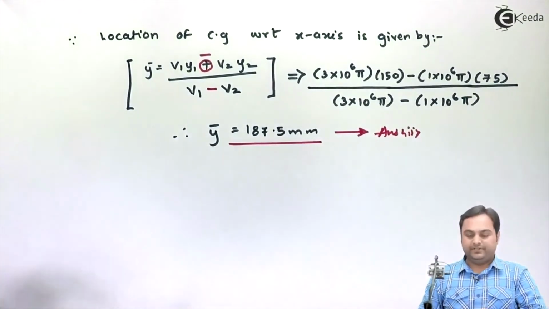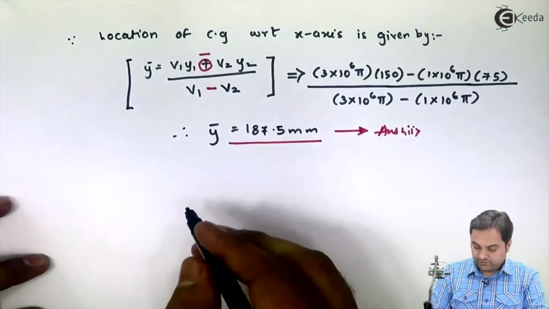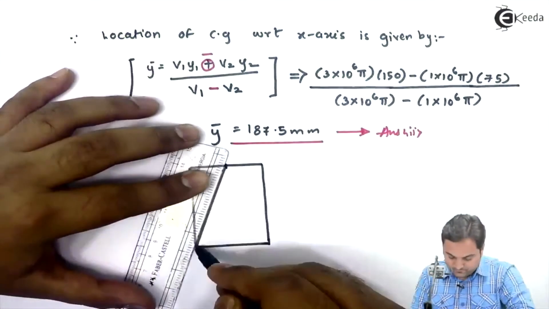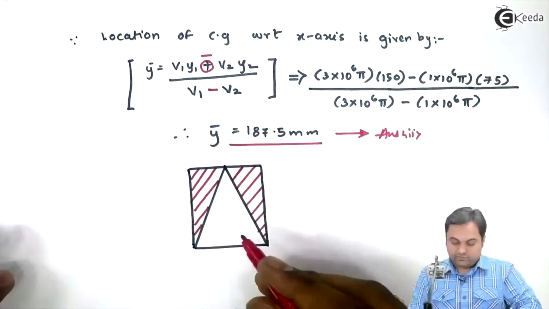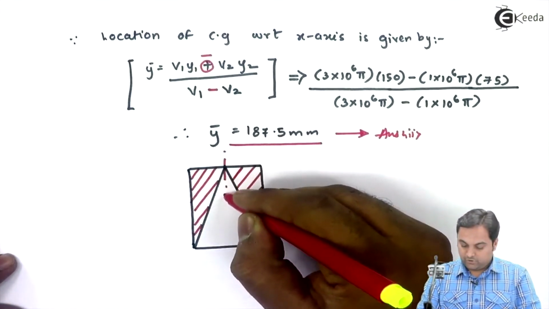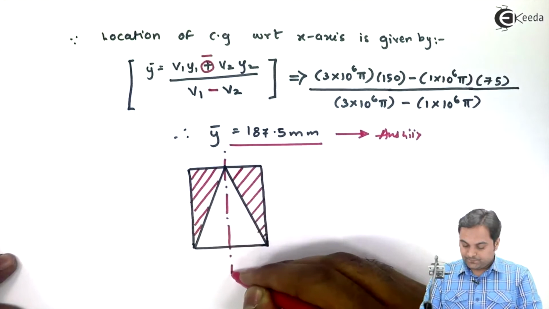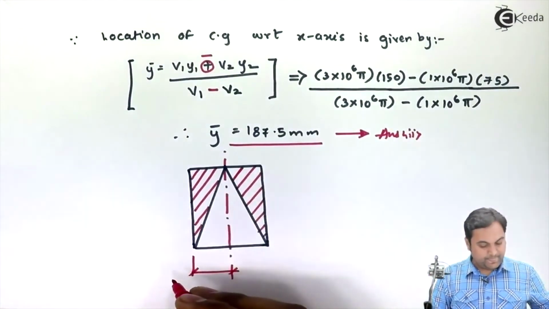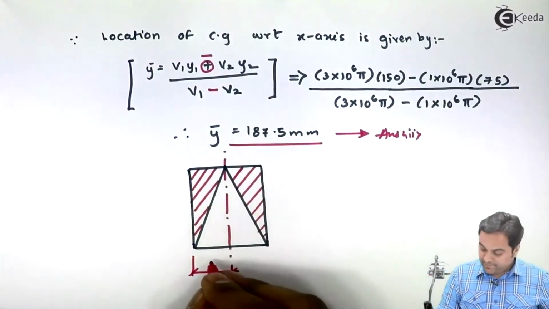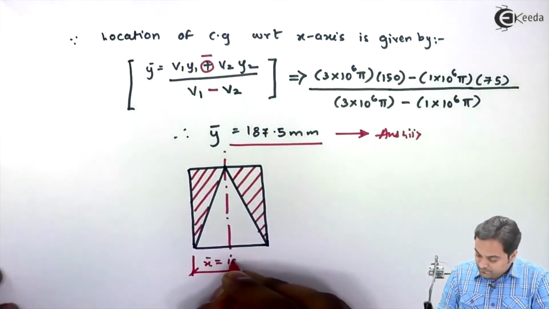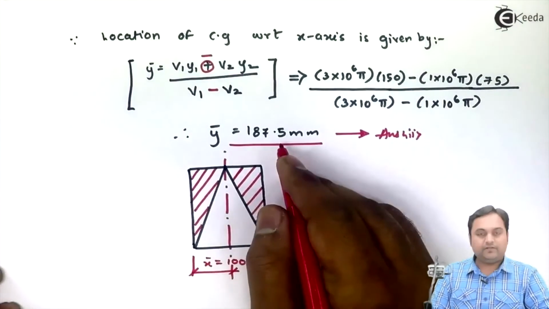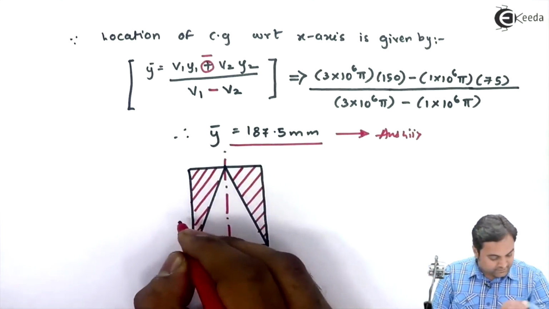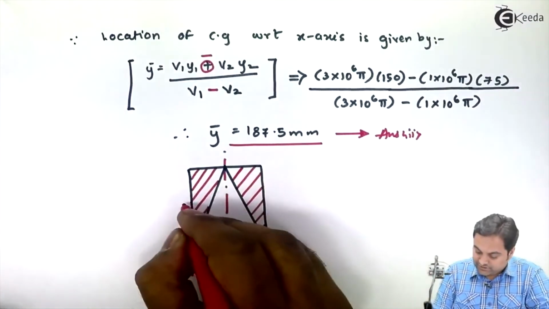Now once we have calculated X bar and Y bar, we can show it onto the cutout section. So I'll draw it very fast once again. So CG will lie on y axis. This X bar distance we have calculated was 100 mm, and Y bar we are getting as 187.5, and the total height was 300, so just above that.